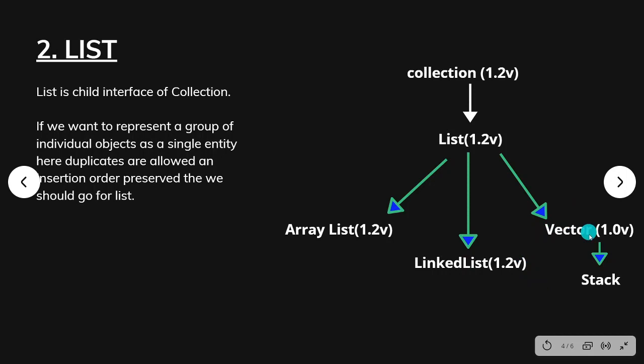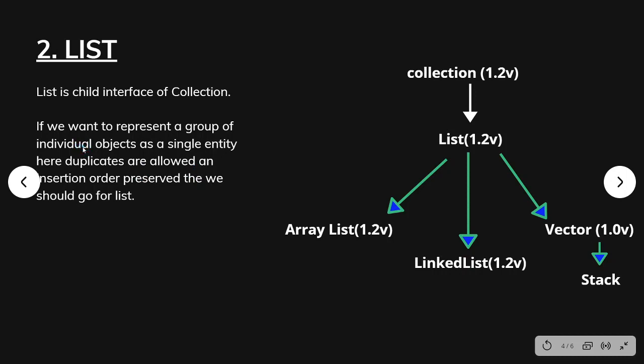Vector came into 1.0 version, but Vector comes from legacy classes. What are legacy classes? The classes which already came in 1.0 version are known as legacy classes. Here under list there are three classes available: ArrayList, LinkedList, Vector.